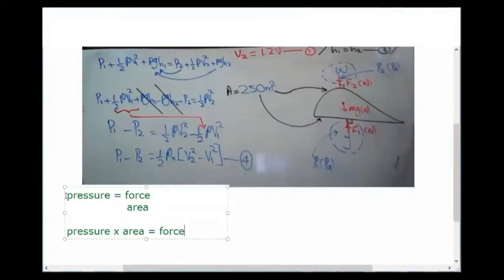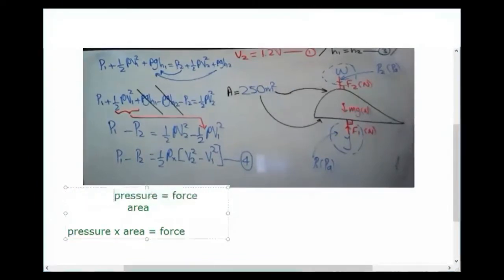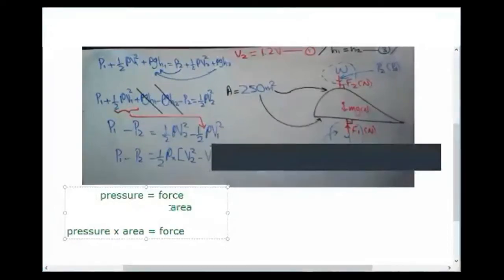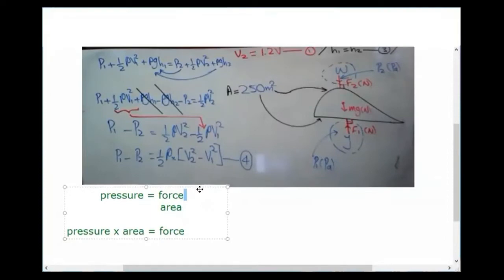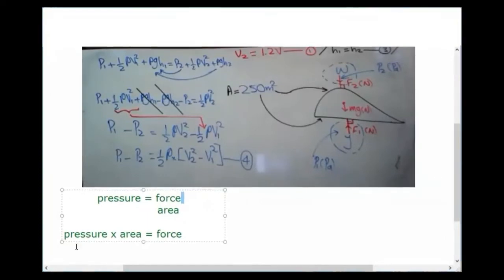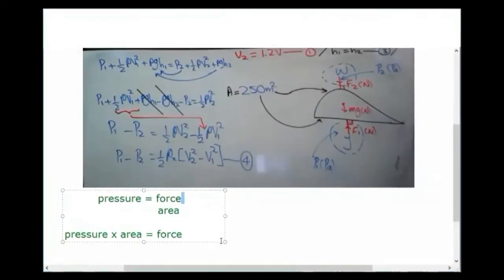From this equation, if I take area to the other side, I will obtain pressure times area equals force. Is it clear for all, Lamai? Yes, sir. Okay, please write this, dear.